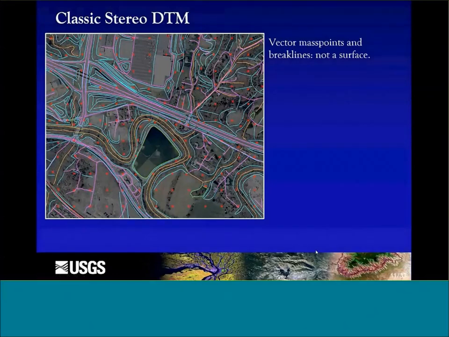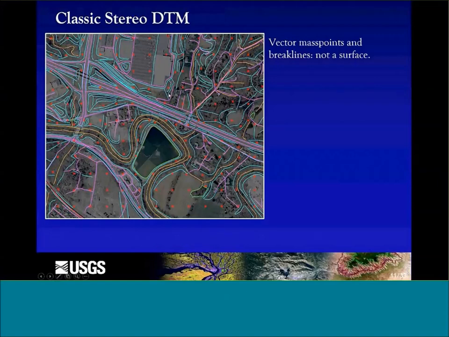So looking at a DTM, this is just a classic stereo DTM. This is a little sample area that I work with up in West Virginia. This is the actual DTM that was collected, I think about 15 years ago or so, when they redid their statewide mapping.